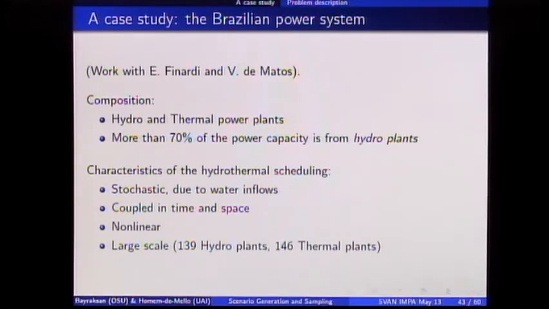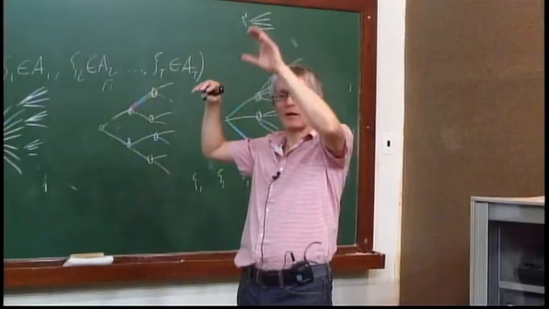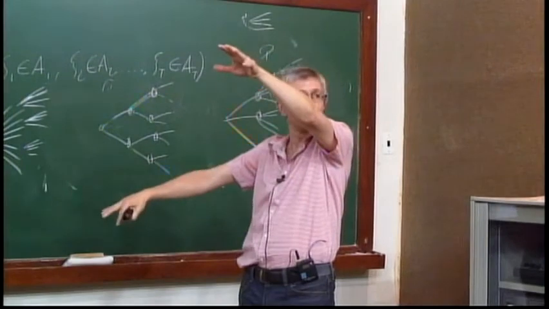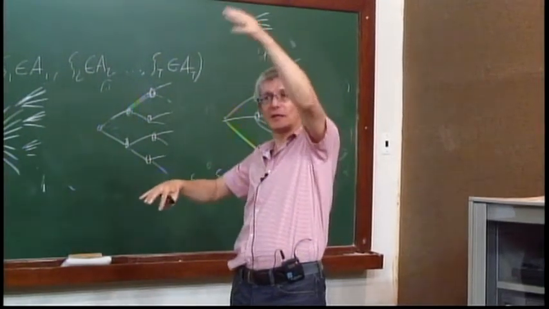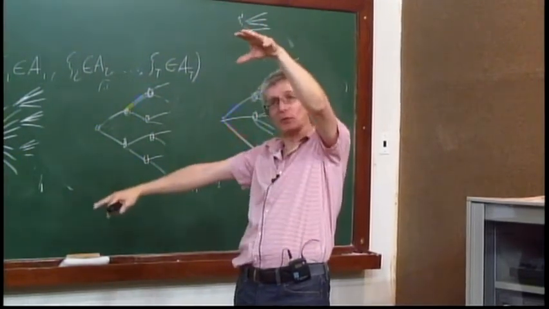We don't know how much it's going to rain, so that's where the stochasticity comes in. And that's a difficulty because you have things that are coupled in time and space. The coupling in space is also important, because of the geography: you have a reservoir here and a reservoir down the river, so what you do in this reservoir is going to affect what you do downstream.